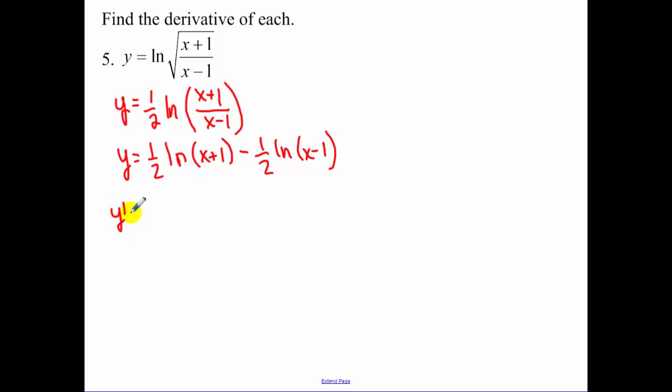Now when I take my derivative, I have 1/2 times 1 over what's inside our logarithm function, times the ln of the base e, which is 1, minus, again, 1/2 times 1 over what's inside the logarithm, times the derivative of the inside, which is 1, so that's our derivative.